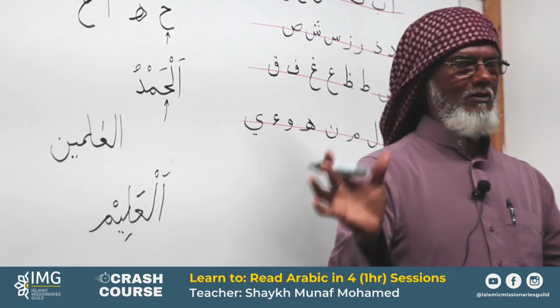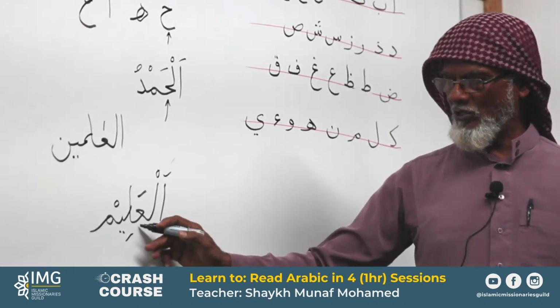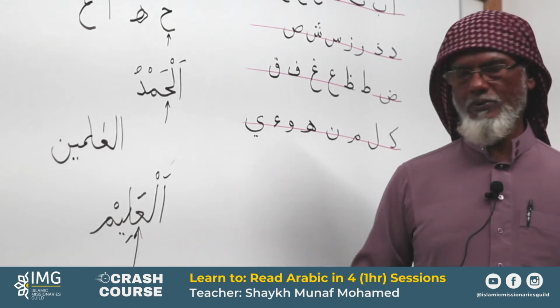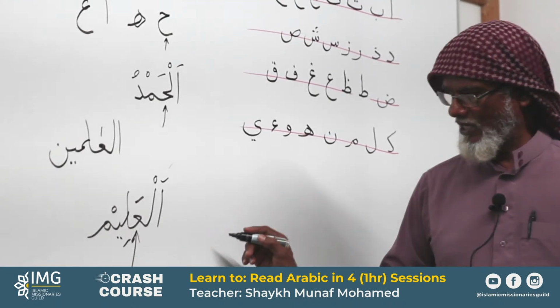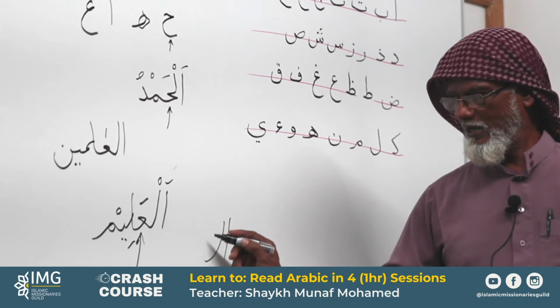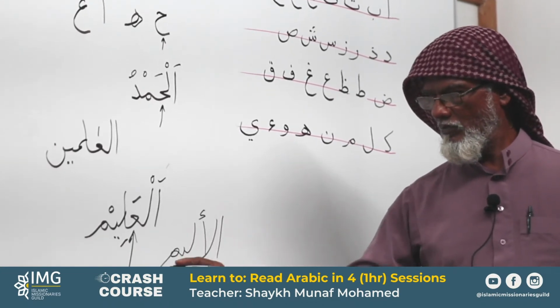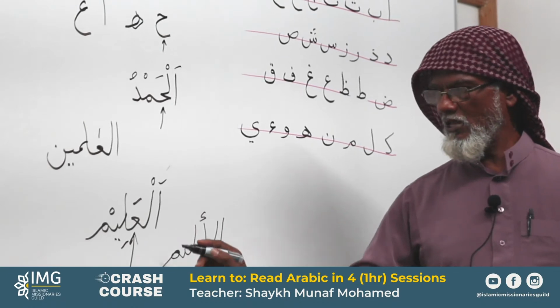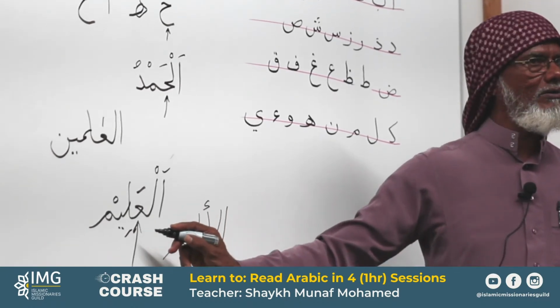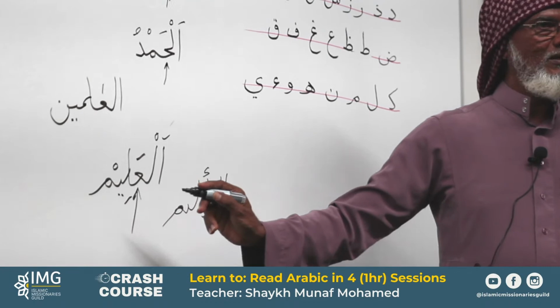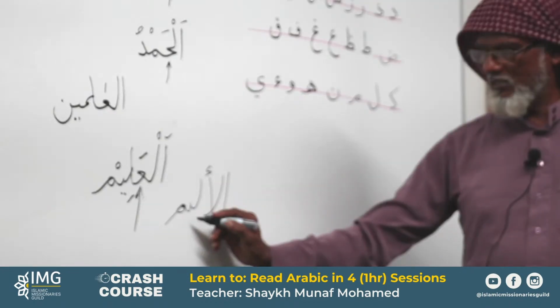He knows everything. If you don't pronounce this ayn properly, you will end up saying al-alim. So what's the meaning of that? The all-knowing. And do you know what this one is?